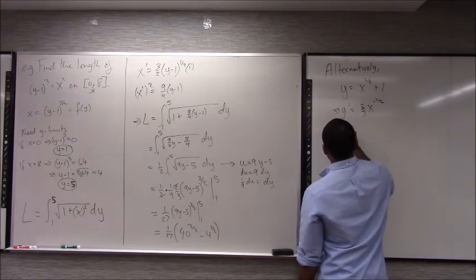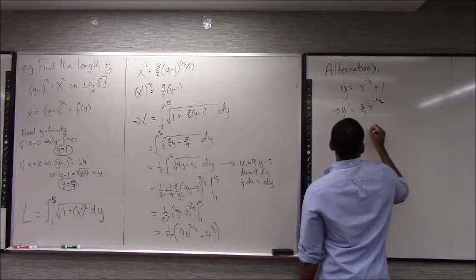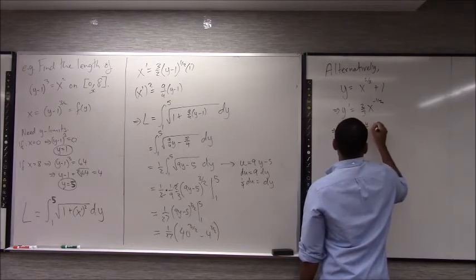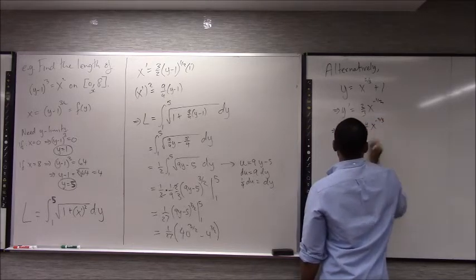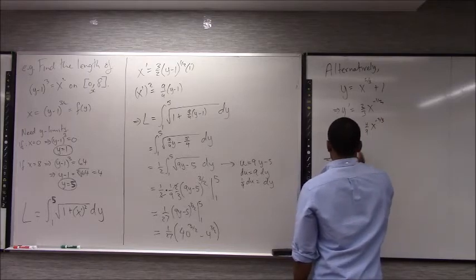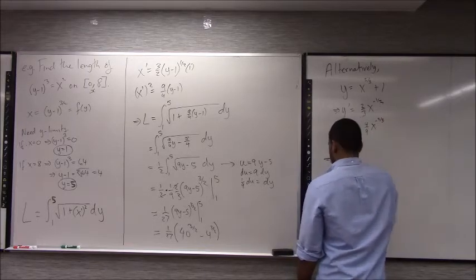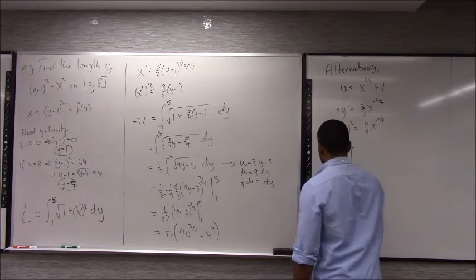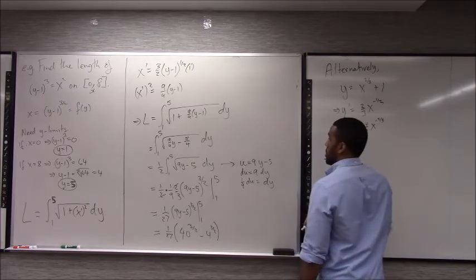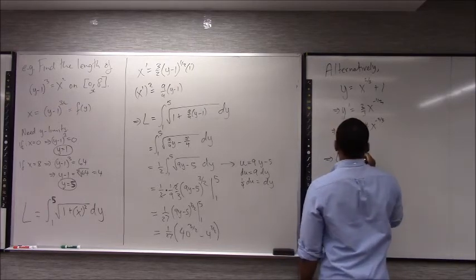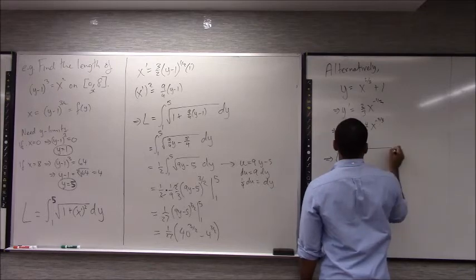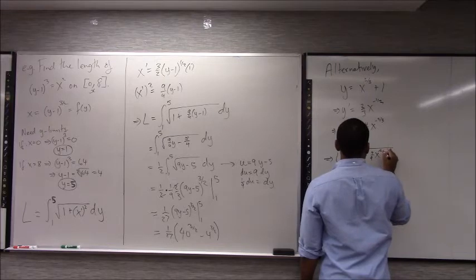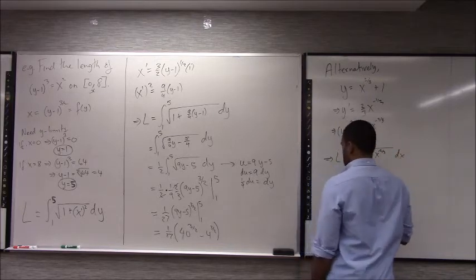So y prime squared would be 4/9 x to the minus 2/3. And so this means your length would be from 0 to 8 of the radical of 1 plus 4/9 x to the minus 2/3 dx.